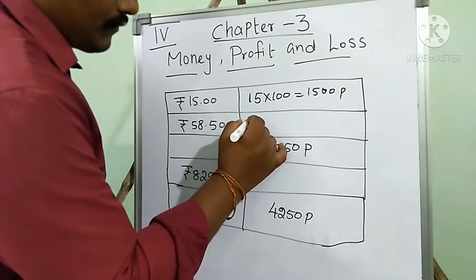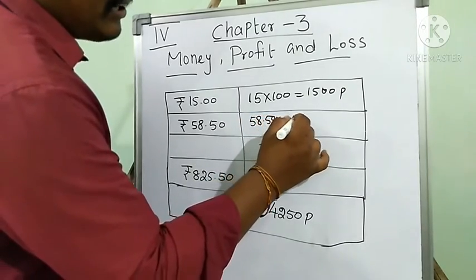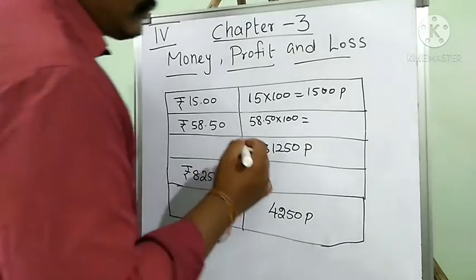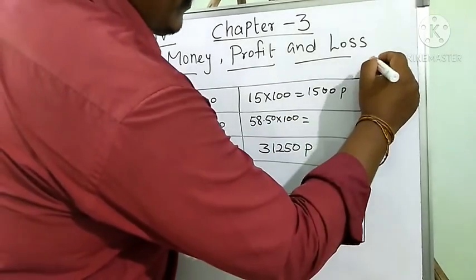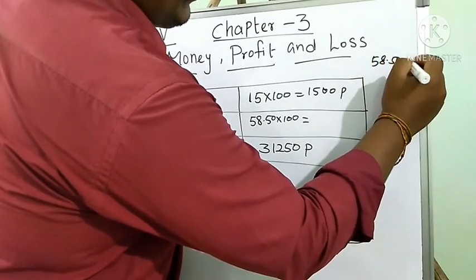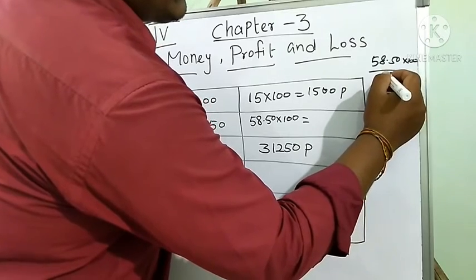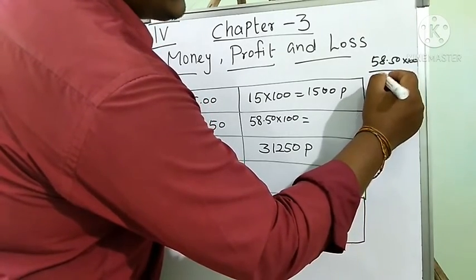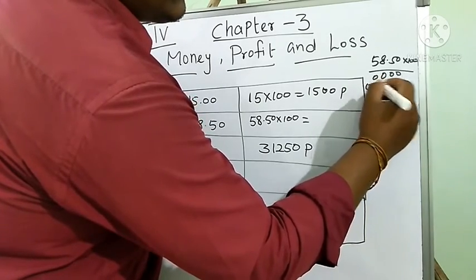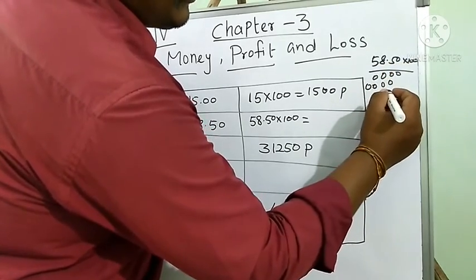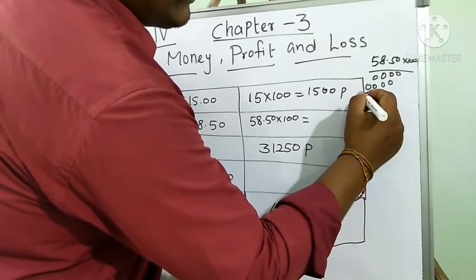So 58.50 into 100, you will get... 58. Okay? So what will I do? 58.50 into 100. So 0, all 0. Then 0, 0, 0, 0. Okay. Then 0, 5, 8 and 5.